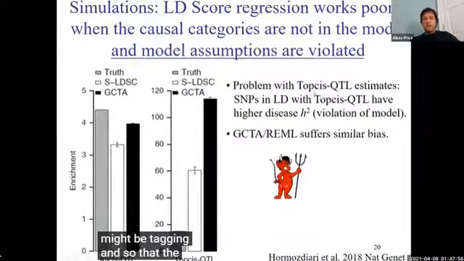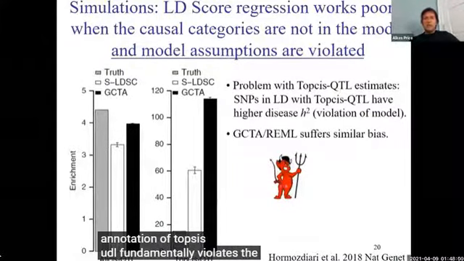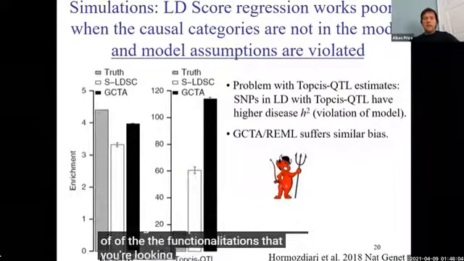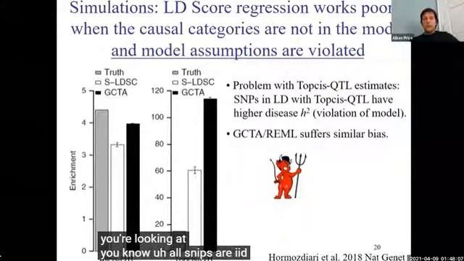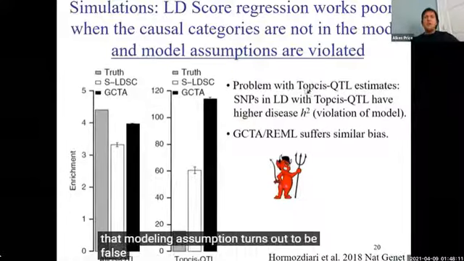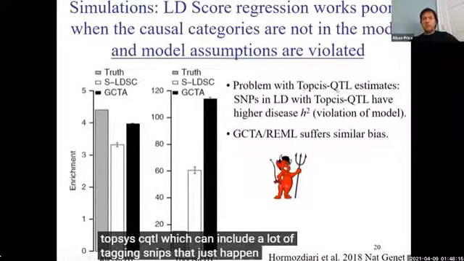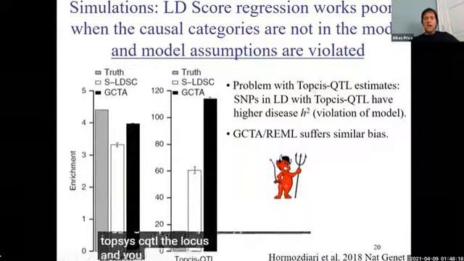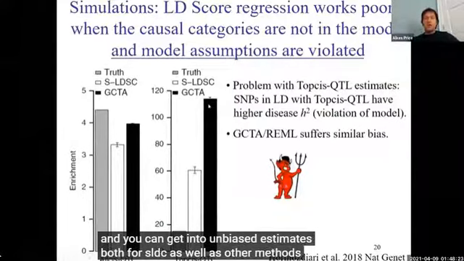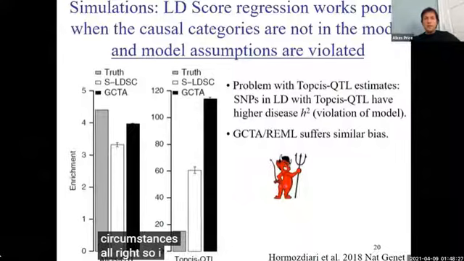And so the analysis of this annotation fundamentally violates the modeling assumption that, conditional on the annotation values, all SNPs are IID. That assumption turns out to be false for an annotation called top cis-QTL, which can include a lot of tagging SNPs that just happen to be the top cis-QTL at the locus. And you can get biased estimates, both for S-LDSC as well as other methods, when you do inference under those circumstances.